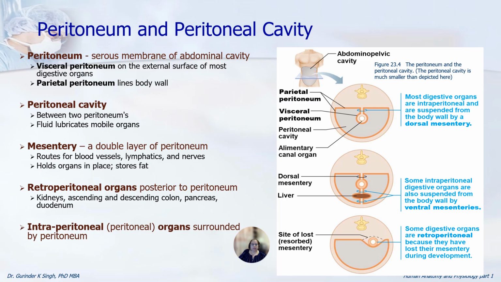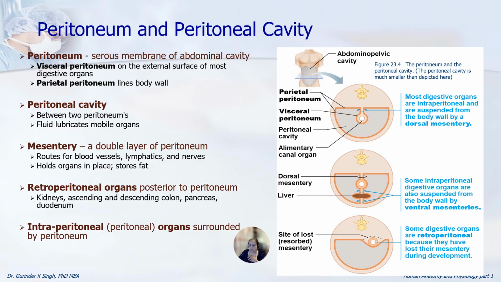All right, now let's talk about where these digestive system organs are present. The majority of the GI tract organs are present in your abdominopelvic cavity. Recall from your A&P 1 that the ventral cavities of the body all have serous membranes, and these serous membranes are named differently in different regions.